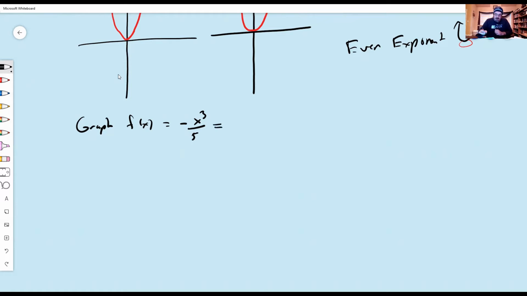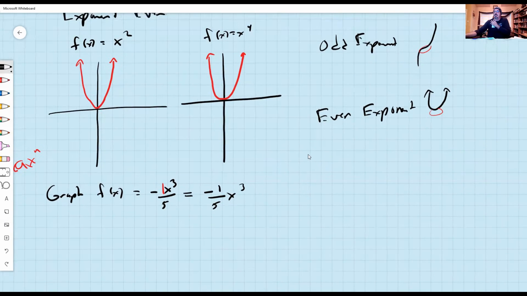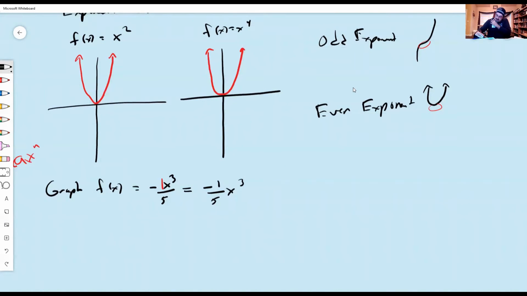Just to be clear, if you're not sure that this matches the ax to the n form, this is actually minus 1 times x cubed over 5. I can write this as minus 1/5 times x cubed. Now, because it's x cubed, it's odd, so I expect it to go like this.